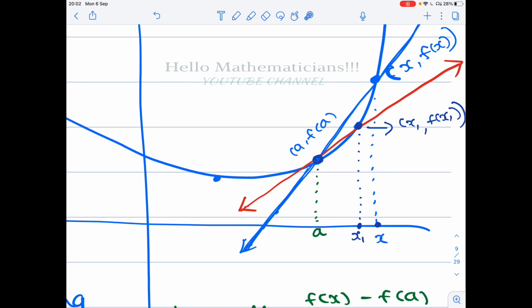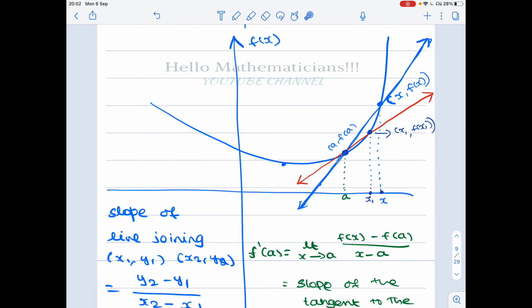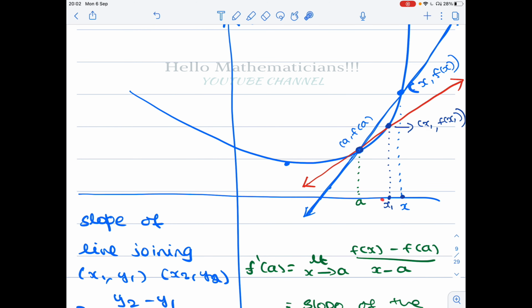That is this area. Now the area bounded between the graph of f and the line joining (a, f of a) and (x1, f of x1) is much less. So as you move towards a, this area is going to decrease.